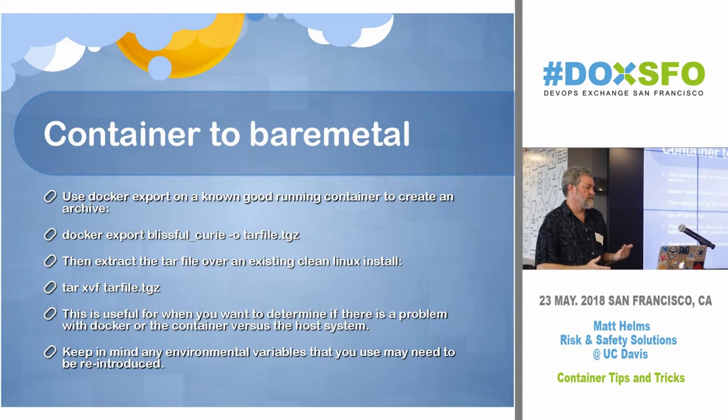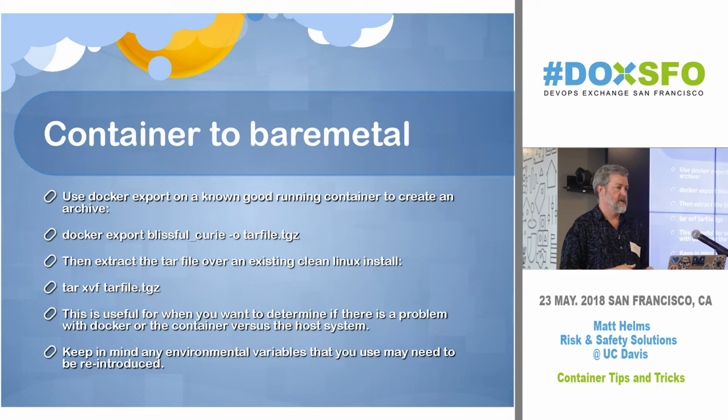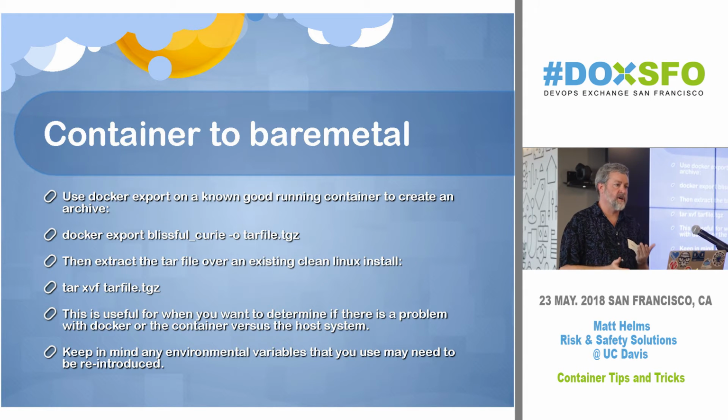So, trying to troubleshoot it, we're like, okay, how can we test this? Is it the application code? Is it the Java version? Is it Tomcat itself? So what we did is we took the running container, exported the container, and then you can untar it over your root file system on a bare metal system, and it'll give you the same directory structure that's running in the container.